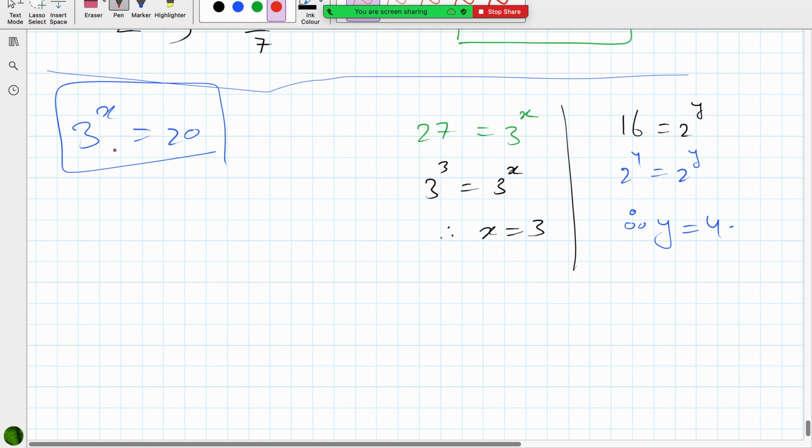will be using logarithms. So when we apply log on both sides, x is equal to log of 20 to base 3. Now this is use of calculator. Let me just get this question, 20.